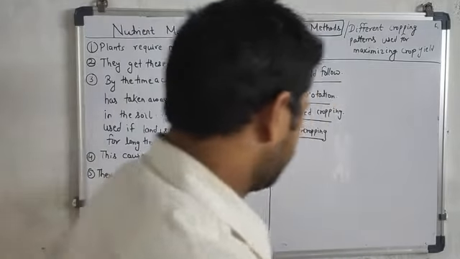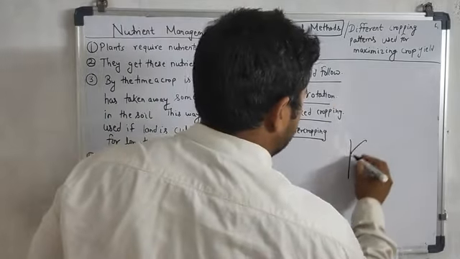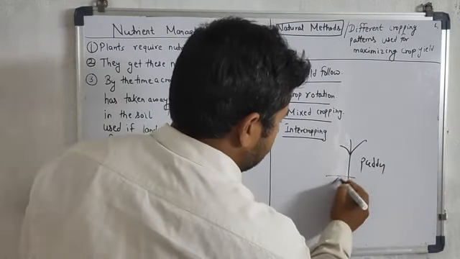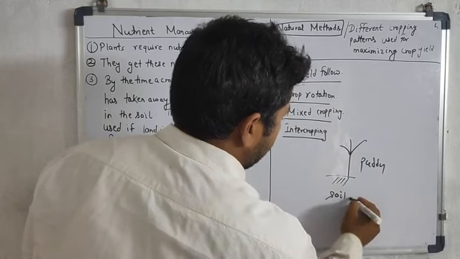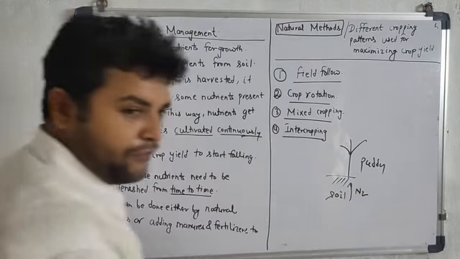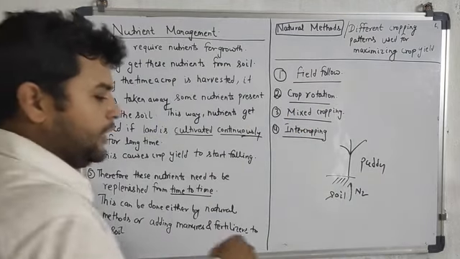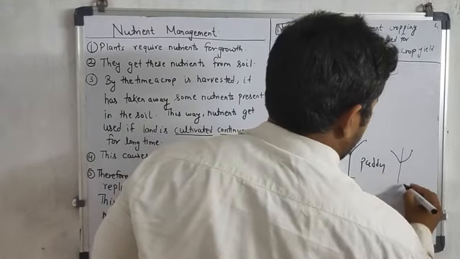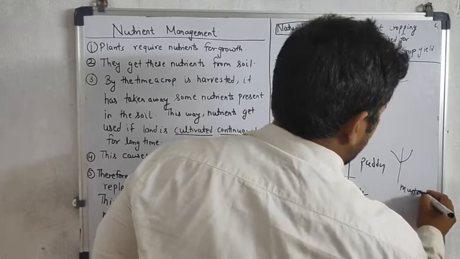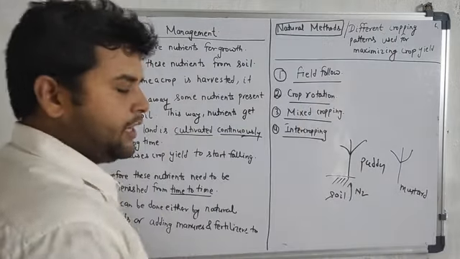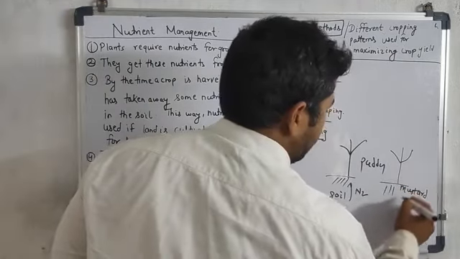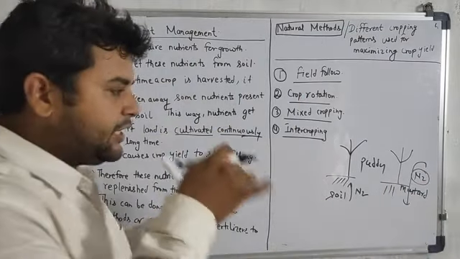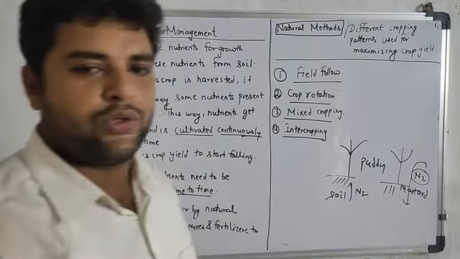For example, suppose this is a paddy field and this is soil. It is taking nitrogen from the soil. In the next season, suppose this is the mustard plant, and this mustard plant usually fixes atmospheric nitrogen into the soil.